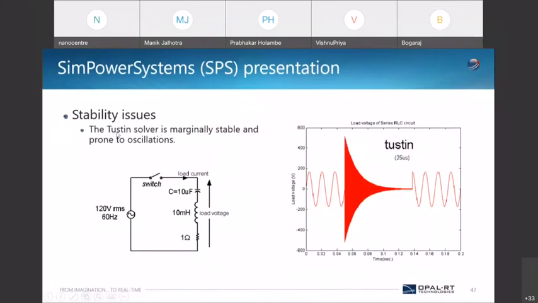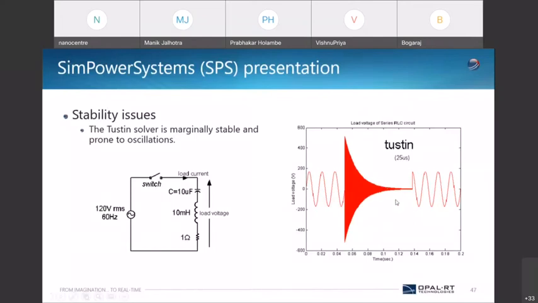The reason is that the Tustin solver being used in the background is marginally stable, and because it is marginally stable, it is prone to oscillations. We can see how we are actually having these particular issues.